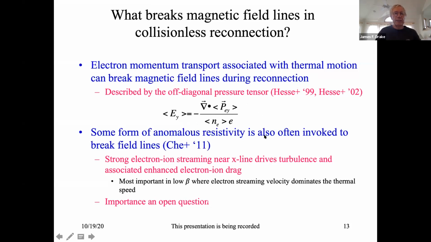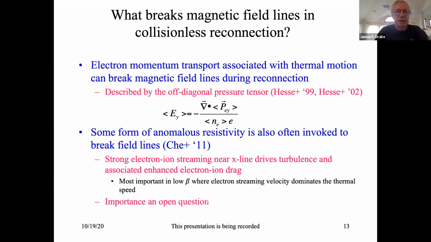Now, historically, people have for years invoked anomalous resistivity, in other words, turbulence in the diffusion region, as a mechanism for breaking field lines. My former student, Haihong Che, has a paper on this, and there's been a lot of other work. The idea is that you have strong electron-ion streaming near the X-line that drives turbulence and then enhances the effective drag between electrons and ions.